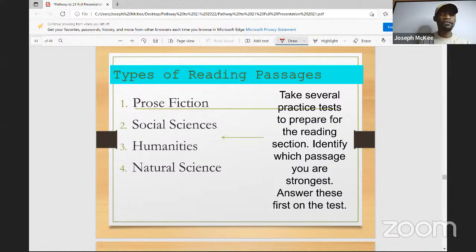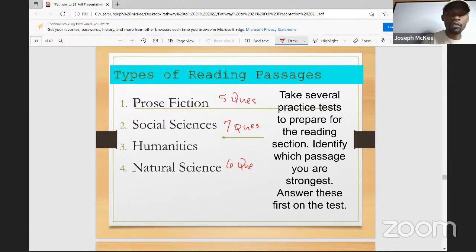So if you take about 4 or 5 practice reading tests, and once you get through those tests, you find out that social sciences, every time you do a social science passage, you're getting 7 questions correct. And then you notice every time you do a natural science question, you're getting 6 questions correct. Prose fiction, you may be getting 5 questions.